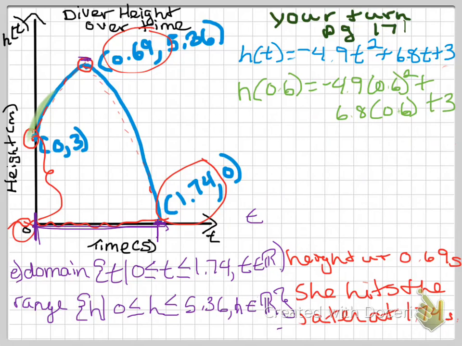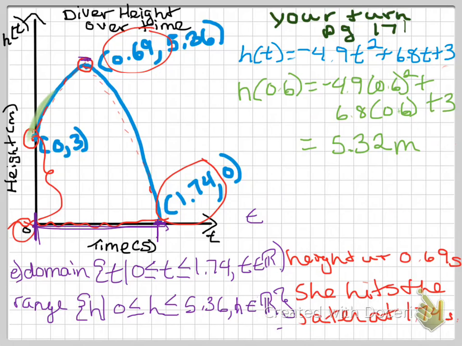So 0.6 squared times negative 4.9 added to 6.8 times 0.6 plus 3 equals, you are correct, all of you should have 5.32 meters.